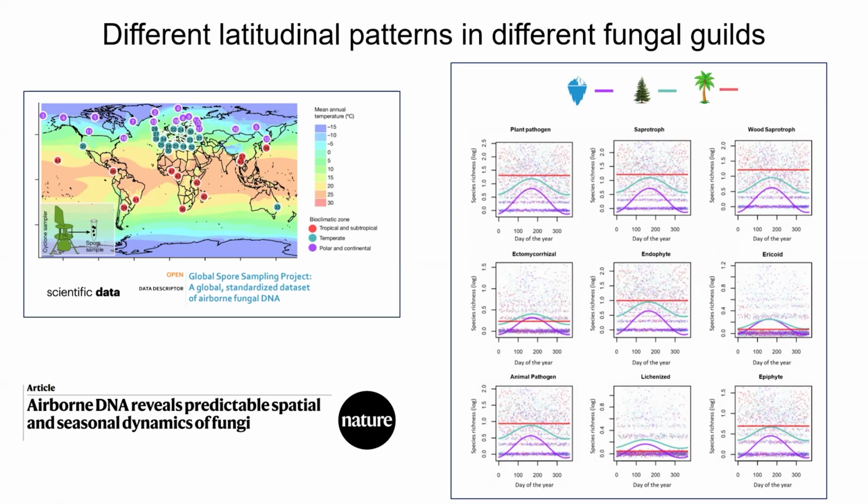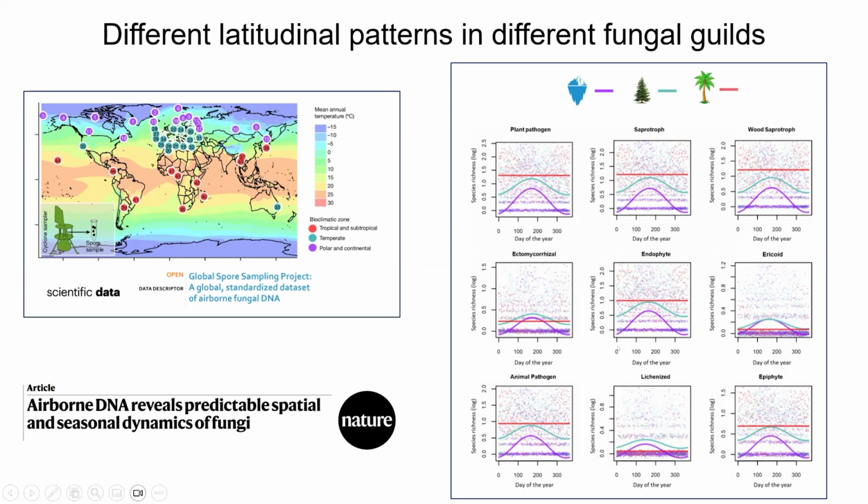plant pathogens, there is little seasonal variation, which is the straight red line here. The day of the year runs on the x-axis. There is more seasonality in the temperate zone, which is the green one, and most seasonality at the high latitudes, but even the peak here is lower at the high latitudes than at low latitudes.